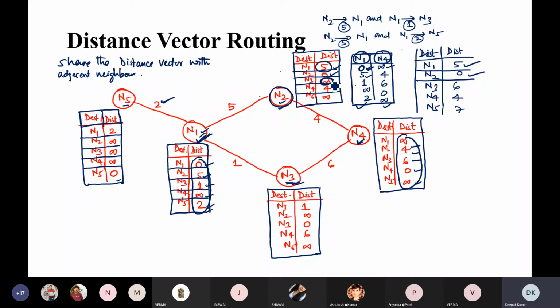Available information at N2 is undefined, but N1 gives the cost 1 and N2 gives 6. So it will compare which one is smaller.